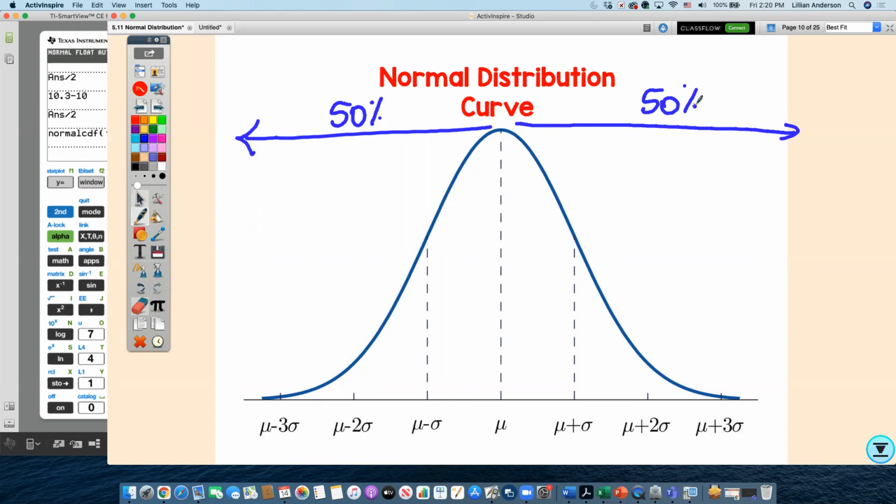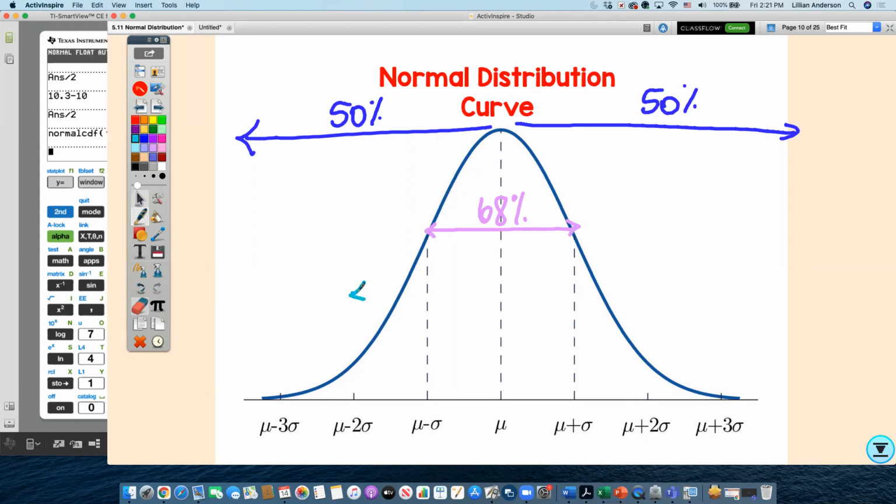Why is this important? Well, let's say that you happen to have a non-calculator question that deals with normal distribution, okay? And they happen to give you the values that actually lie on the standard deviation. From 1 standard deviation to 1 standard deviation, that makes up 68% of your data. So from 1 standard deviation to the left of the mean to 1 standard deviation to the right of the mean, that is 68% of your data.